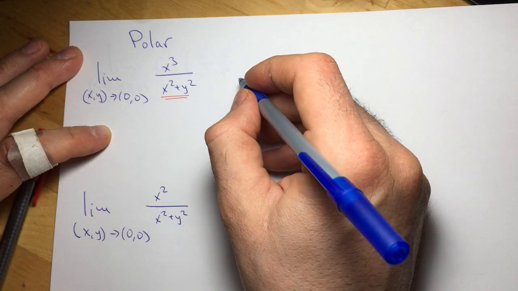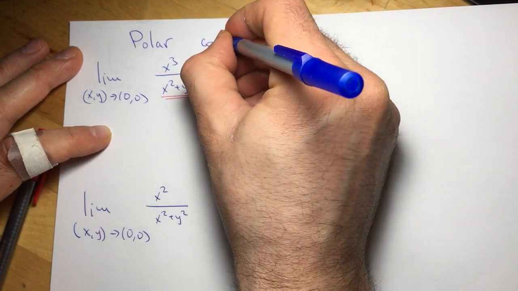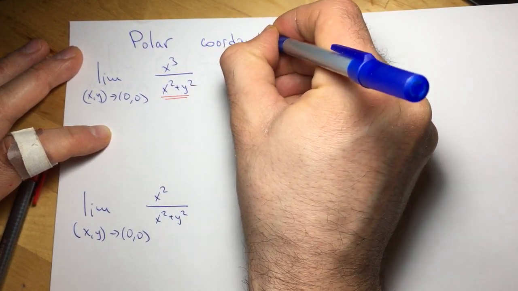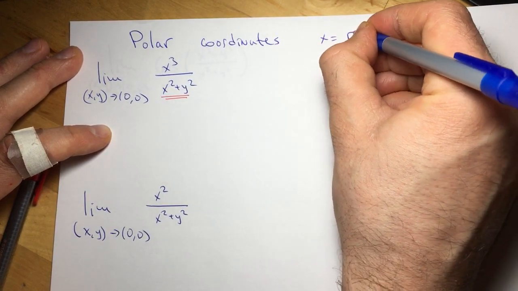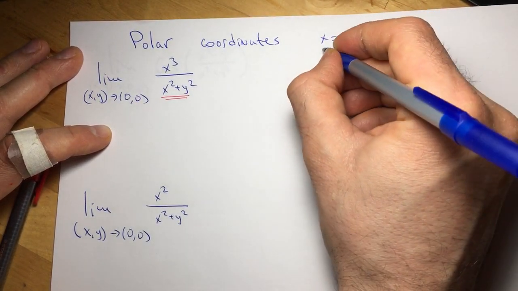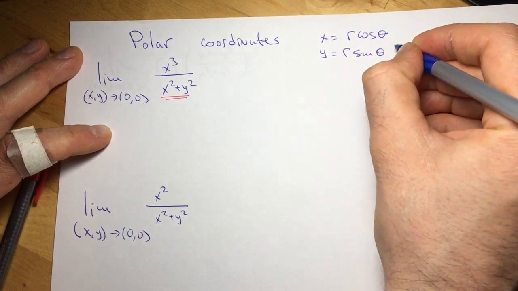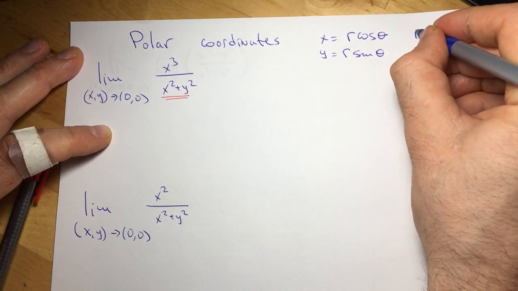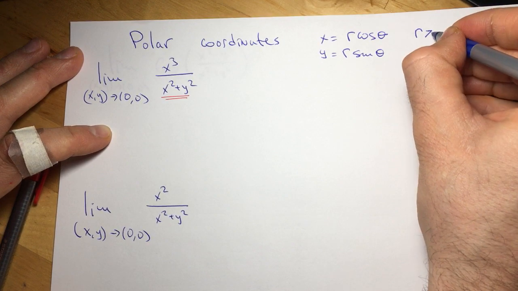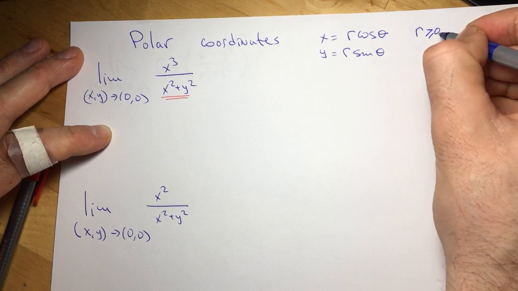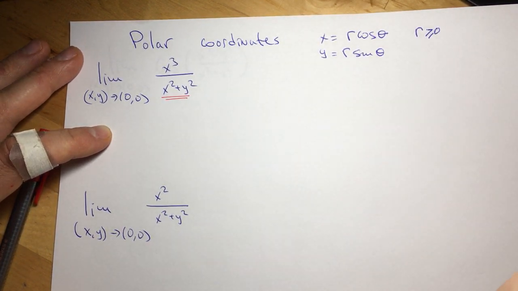So what were the polar coordinates? X is equal to r times cosine theta, and y is equal to r times sine theta. Recall that r is always positive or equal to 0 if we're talking about the origin, right?